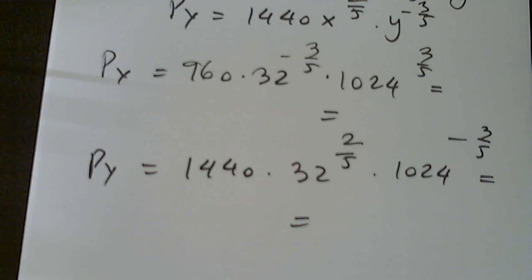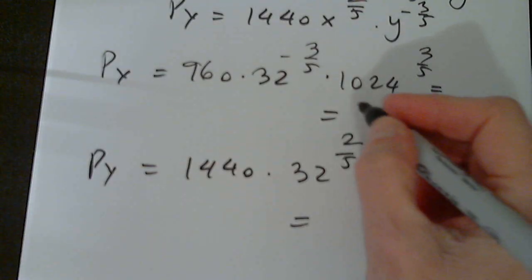And then 1024, and the power is 3/5. 7,680.